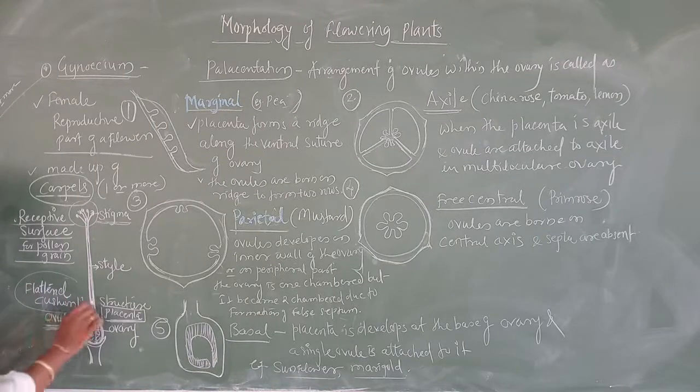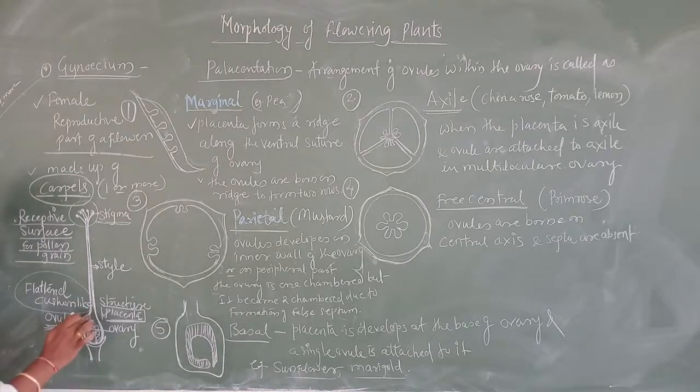And in ovary you are going to get flattened cushion-like structure called as placenta, and on the placenta the ovules are going to be arranged. Understood? This is about the gynoecium. And in this, again we are going to study two kinds of arrangement of these carpels.